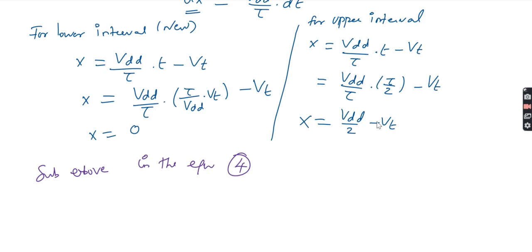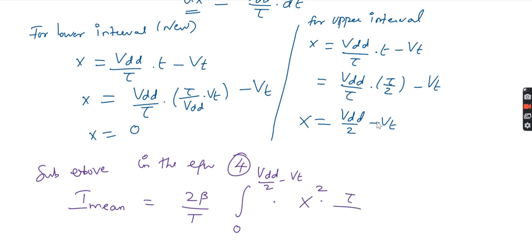So what will I get now? I will get I mean is equal to 2 beta by t. The lower interval is 0. The upper interval is VDD by 2 minus Vt, into that will become x square actually, into tau by VDD into dx.